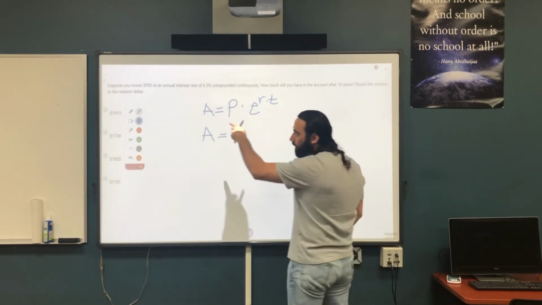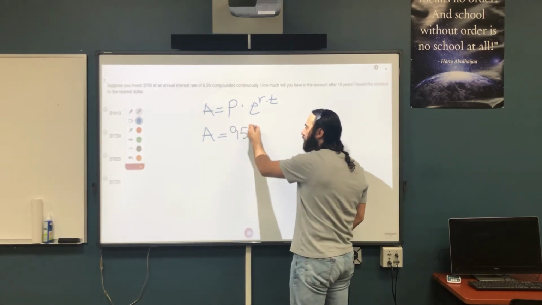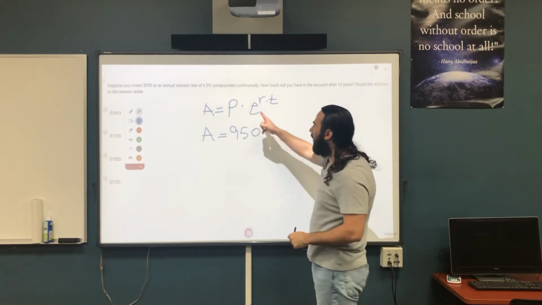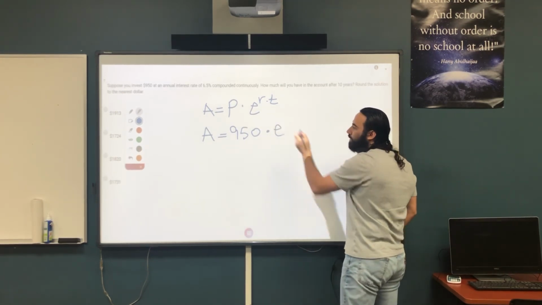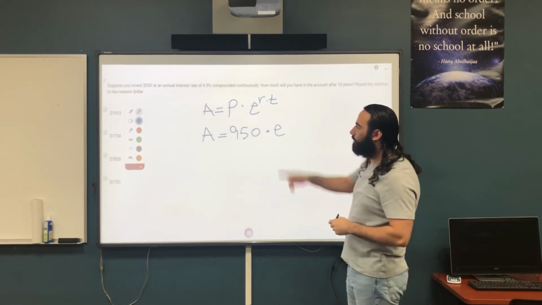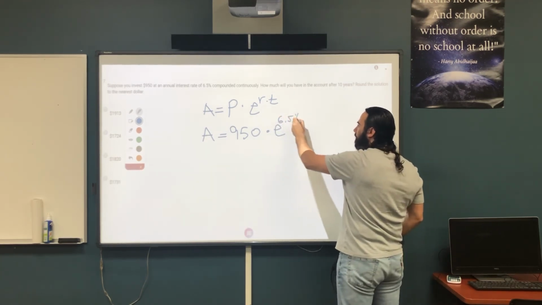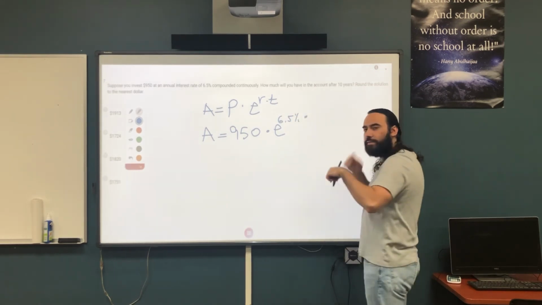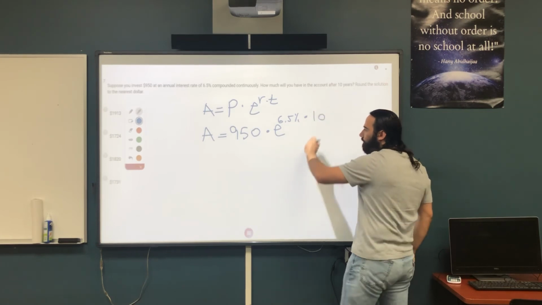In this case, how much he invests? $950. Times e is a number, 2 point something. R is the rate, which is 6.5%. Times t, the time in years, which in this case is 10 years.